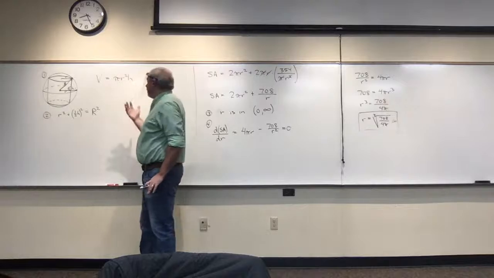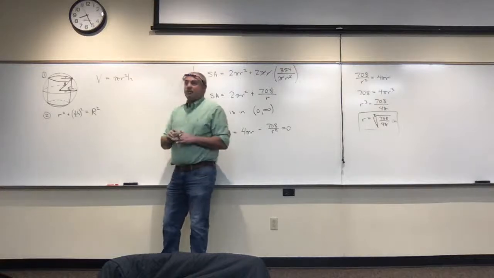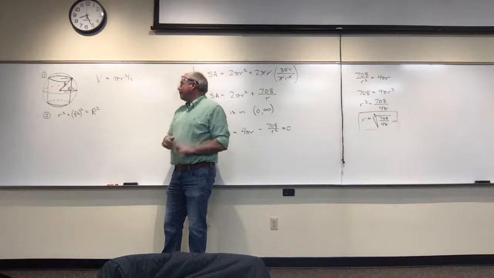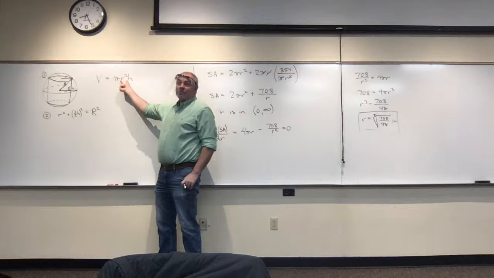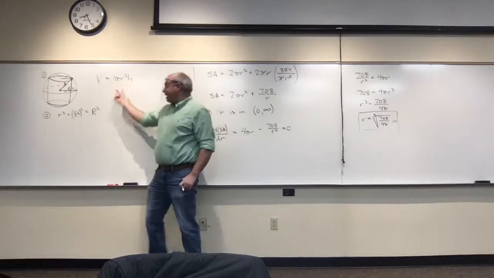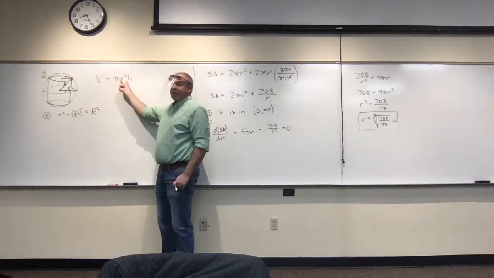Okay, and now what we do is we look back here and we say, well, what would be the best thing to solve for? I could solve for h, I could solve for r, but ultimately, what's here? Even better, r squared. And here is r squared. And so I could just solve for the r squared and put it in here.